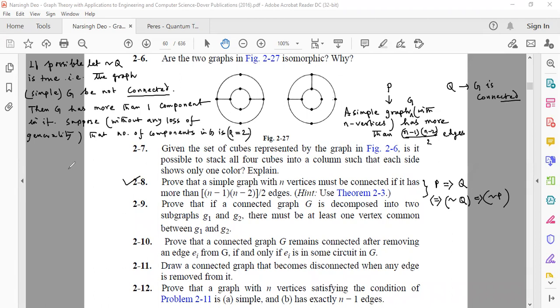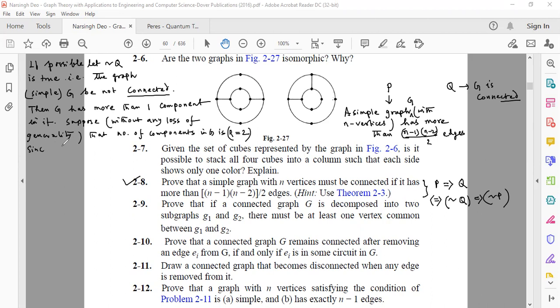So we are only considering 2 components for the disconnected graph. We can consider more than 2 components also, but as I have mentioned, without any loss of generality and for the sake of simplicity, I'm considering only 2 components over here.